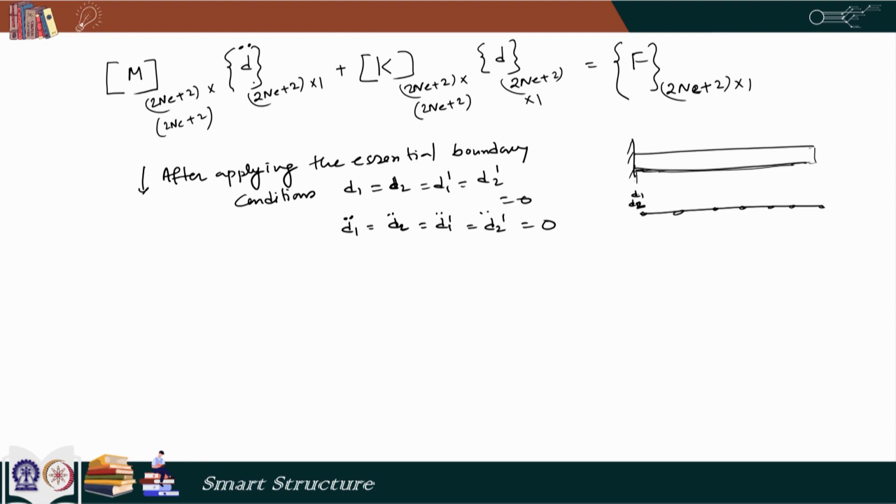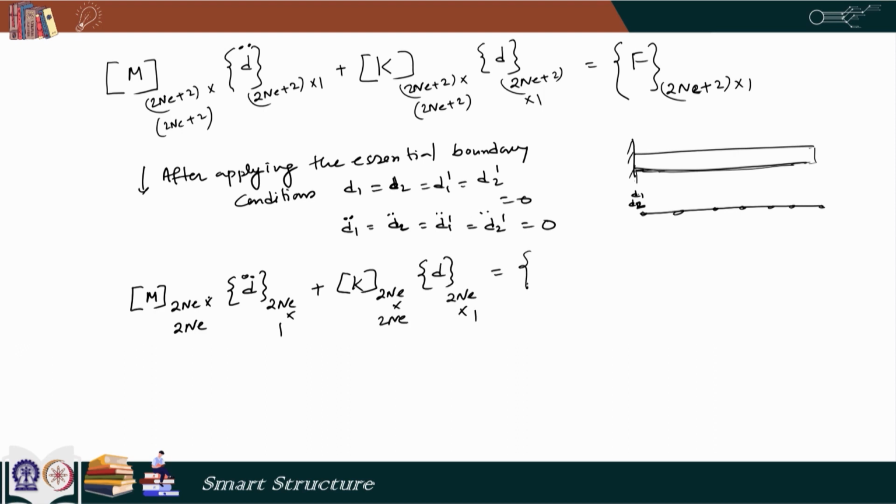If we set them 0 and we remove the corresponding rows and columns from the mass and stiffness matrix, then we get a reduced set of equations of size 2nE by 2nE, and that gets multiplied with a D vector of size 2nE by 1, plus K of size 2nE by 2nE, and that gets multiplied with the D vector of size 2nE by 1, equal to the force vector 2nE by 1.